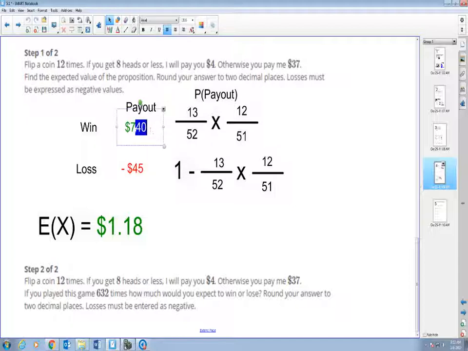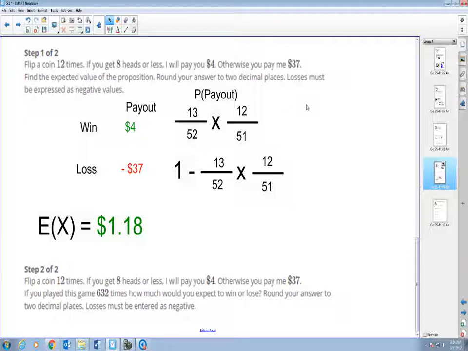The payout is $4. If you lose, $37. 8 heads or less. Oh, that's a lot of work. 8 heads or less, you win.